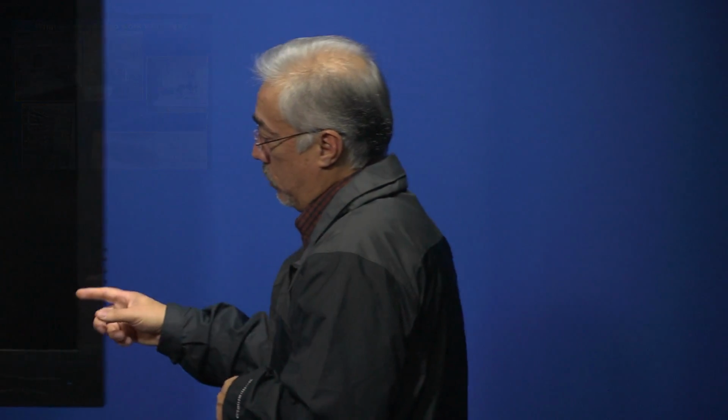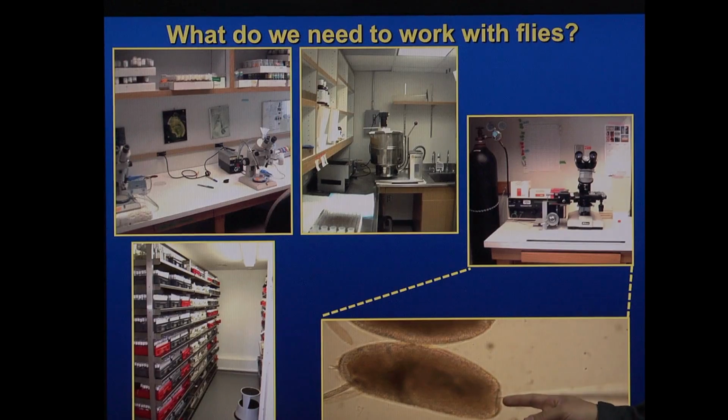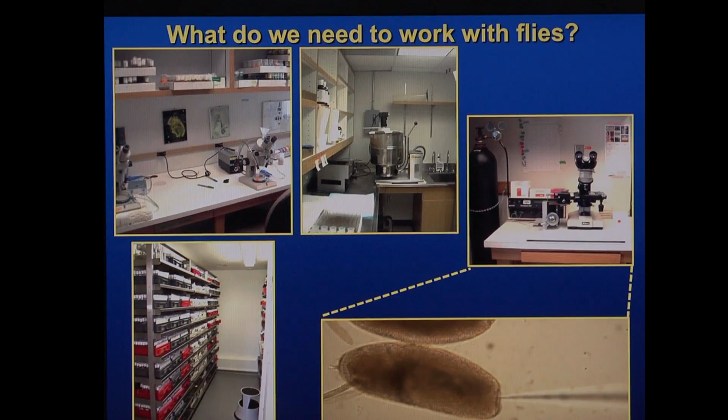You inject it posteriorly in an embryo that is about 30 minutes old, recently laid by the females. Then you let it go, and it will mature and hatch, and you will have transgenic flies coming from that procedure.